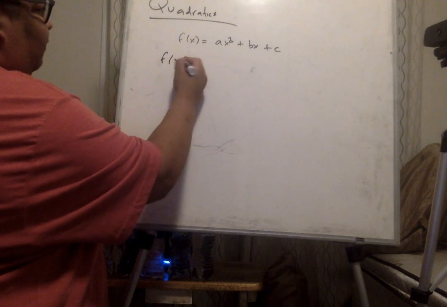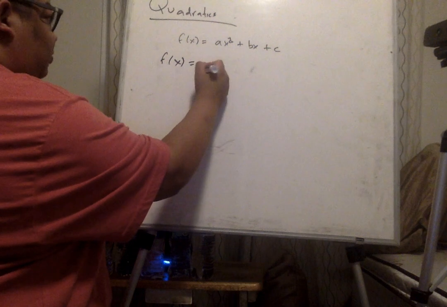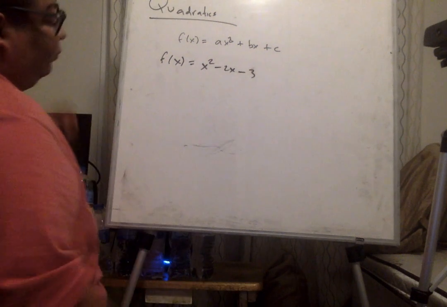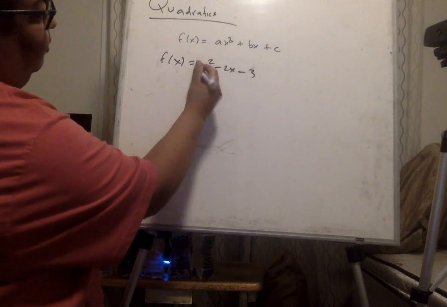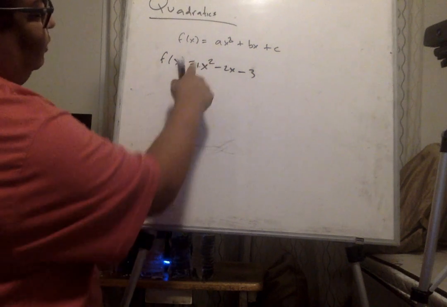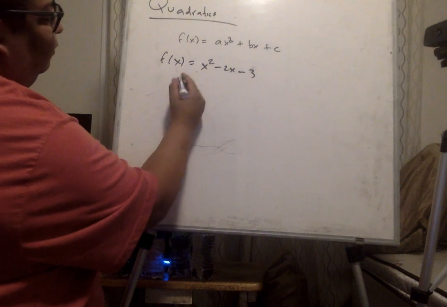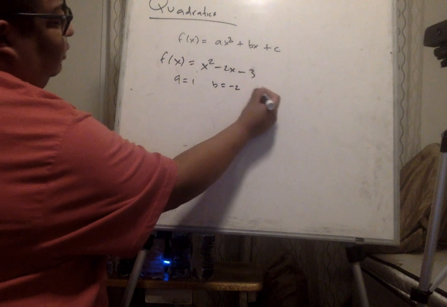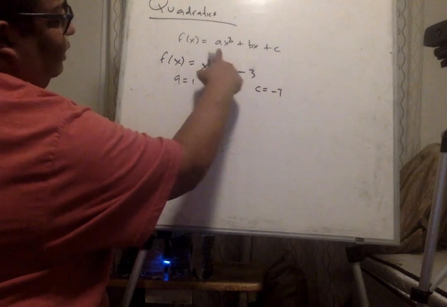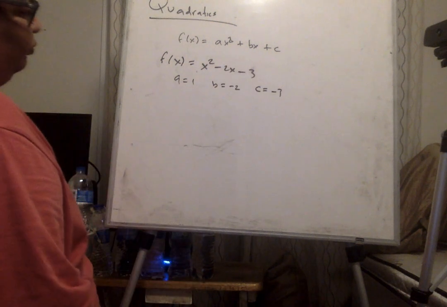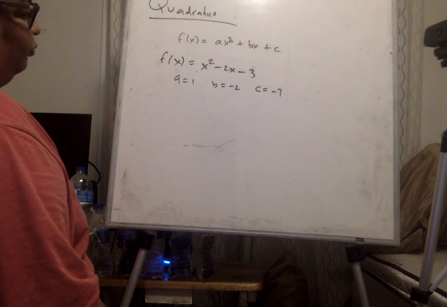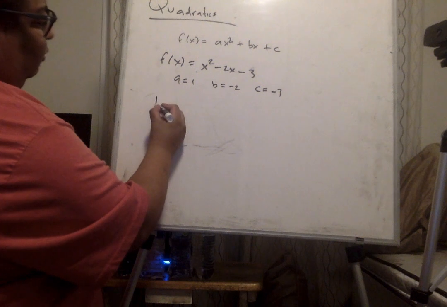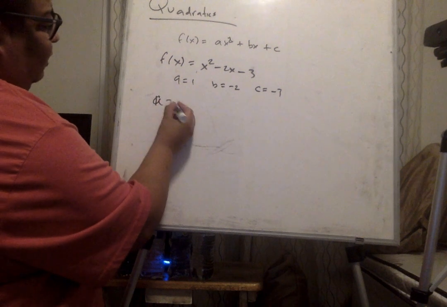Okay, so let's do one example. Let's say you have f of x equals x squared minus 2x minus 3. So what's your a? Remember, this is like a coefficient of 1, so we don't write it. So a is equal to 1, b is equal to negative 2, and c is equal to negative 3 in this form. Remember, a is equal to 1.